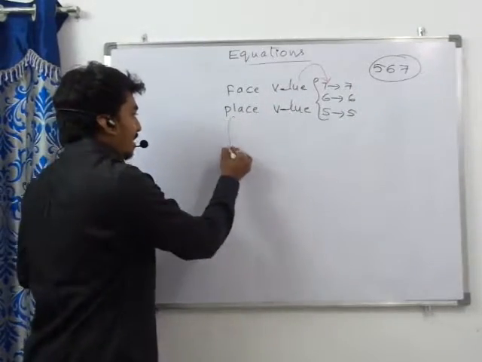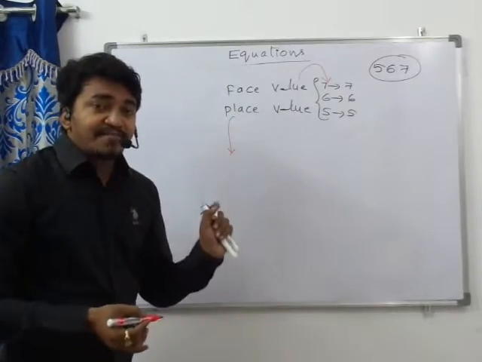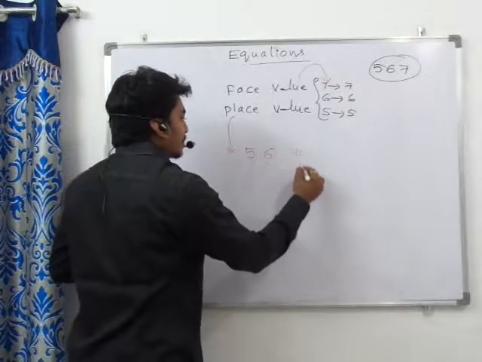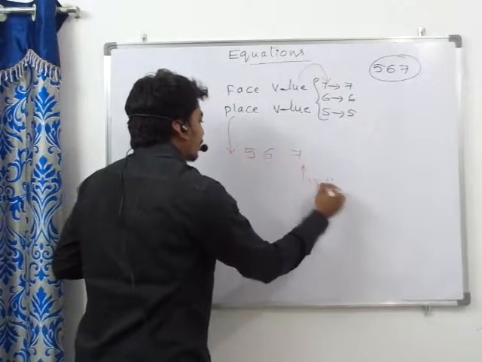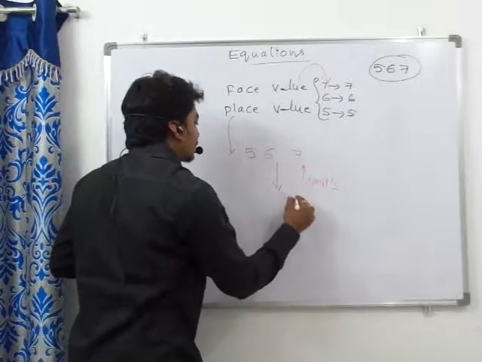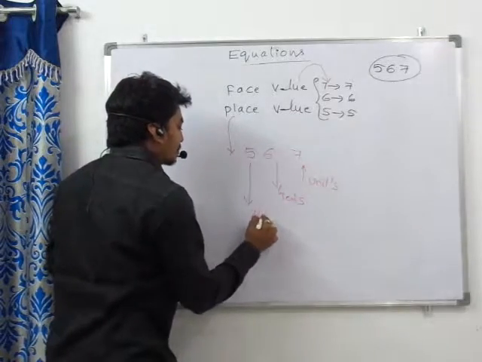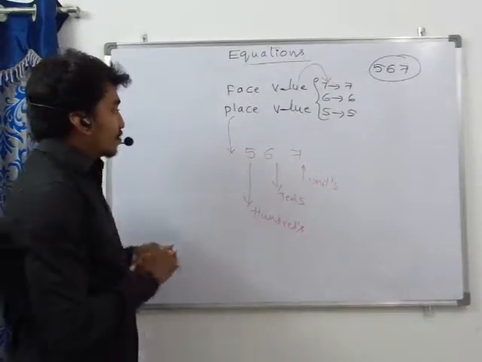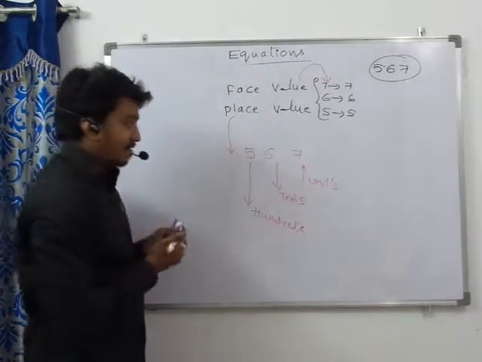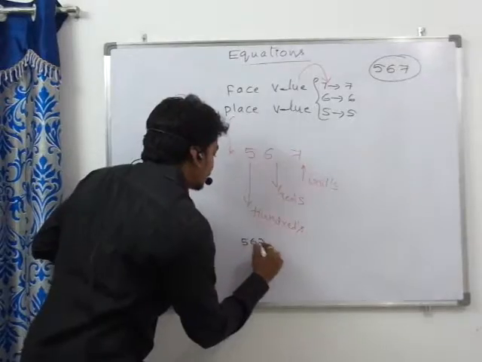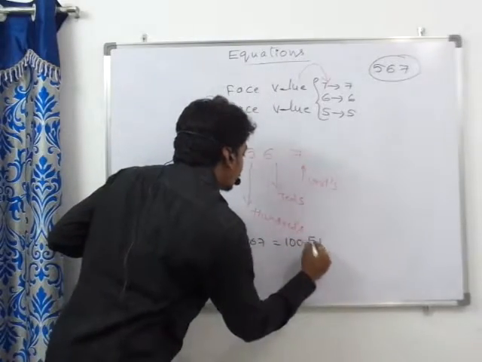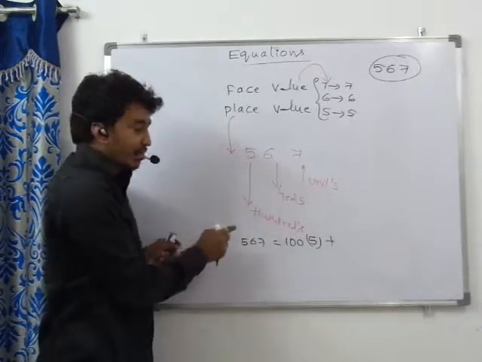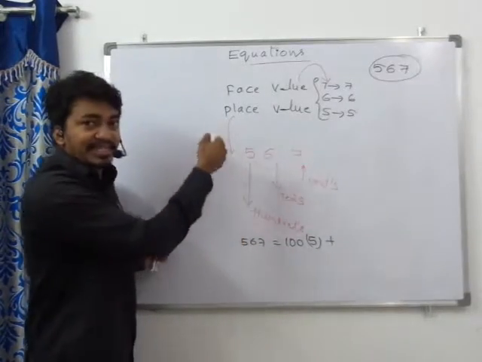Now coming to place value, it is the face value and its position. For example, if you take 567, this is the units place, this is the tens place, this is the hundreds place. To find the place value, you can write it as 100 into 5. 100 is its place, its position in the number, and 5 is its digit.